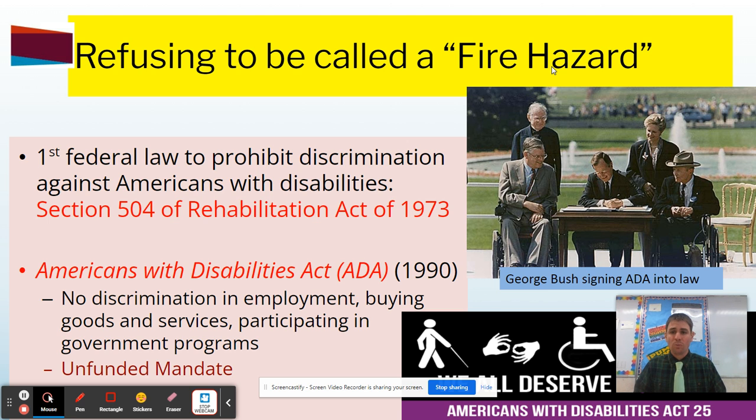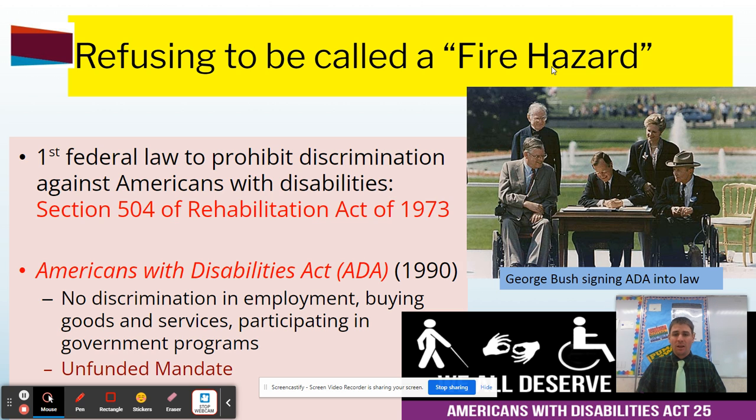This is with regards to protecting the disabled and what our government has provided to make sure that the disabled are treated fairly. So the best example is the Americans with Disabilities Act, ADA, and this was signed by George Bush Sr. in 1990, right?